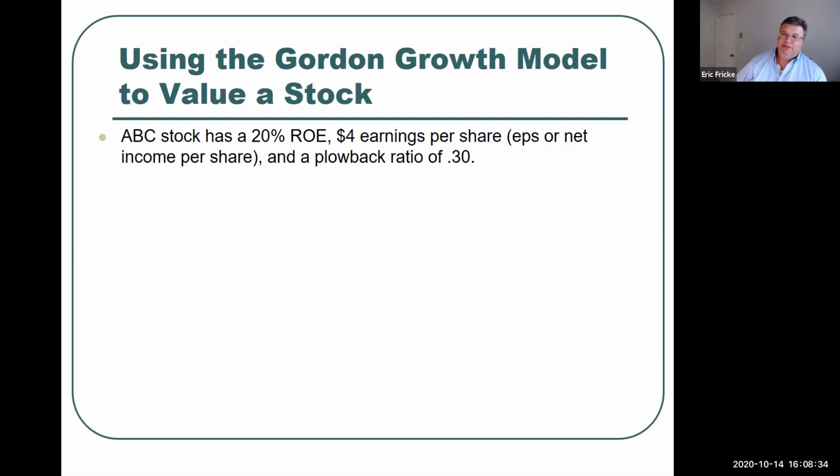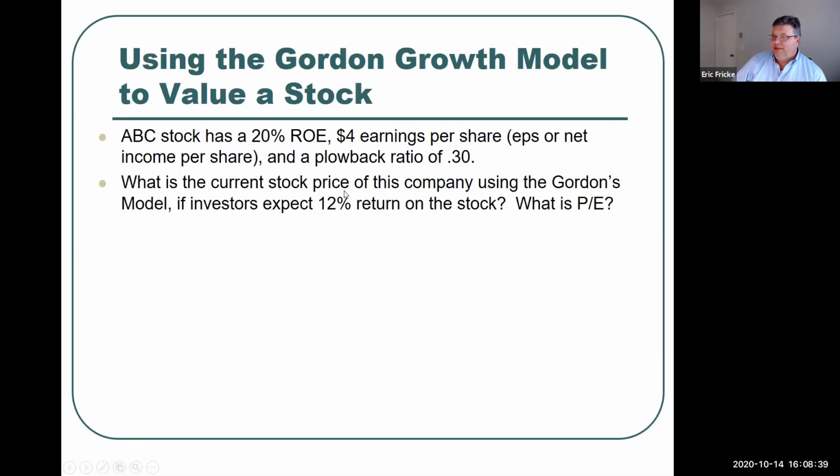And the plowback ratio is 0.3. What is the current stock price of this company using Gordon's growth model, if investors expect a 12% return on stock, and also calculate the PE ratio.